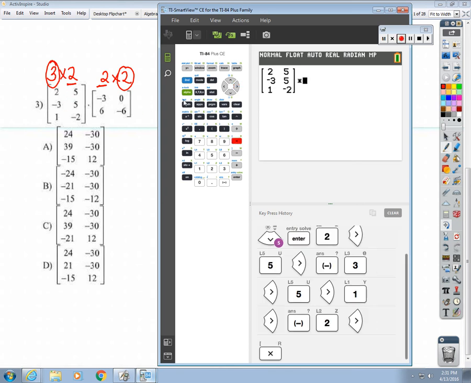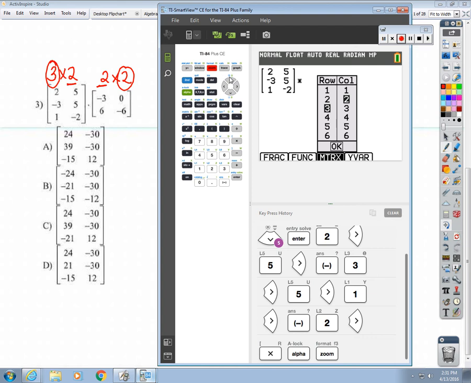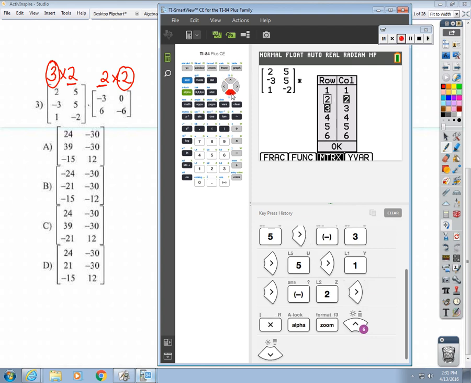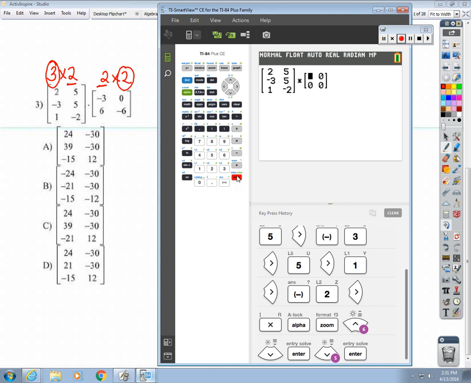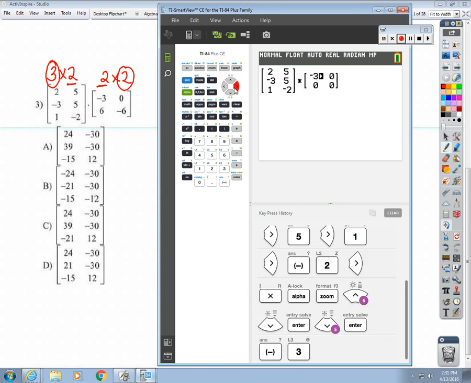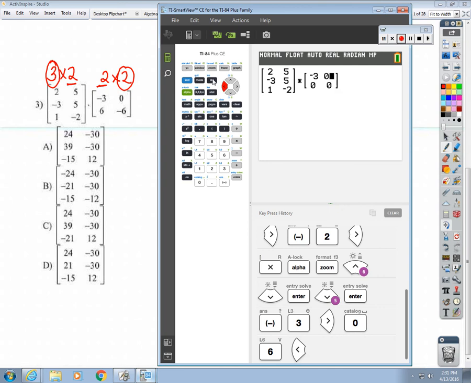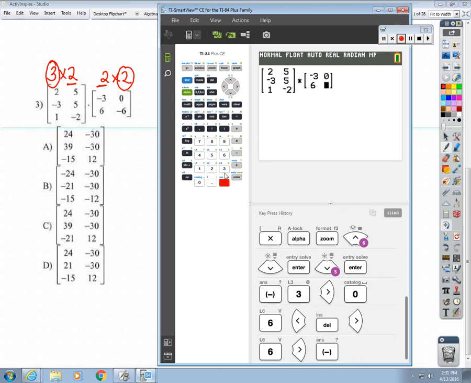Then you multiply that by your second matrix, which is a 2 by 2. Its elements are -3, 0, 6, 6, and -6.